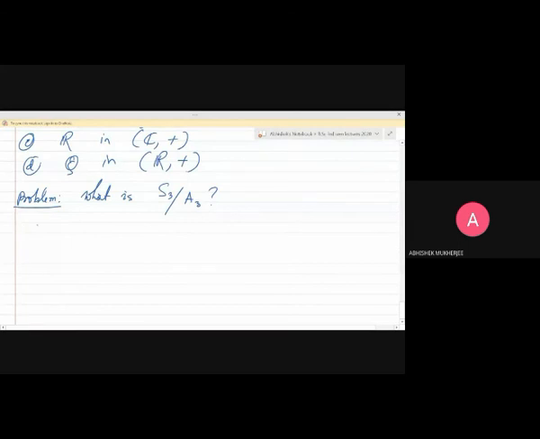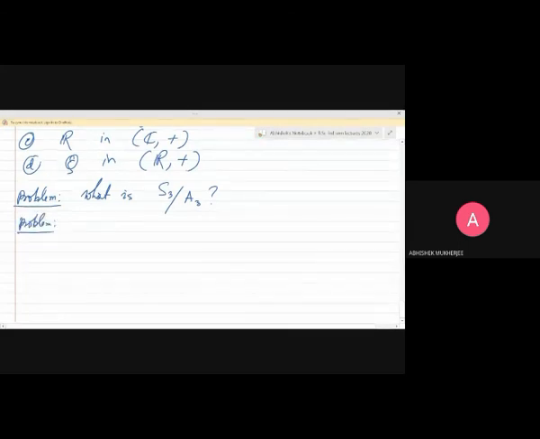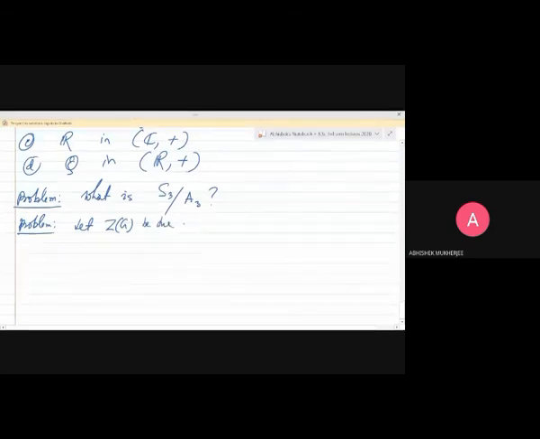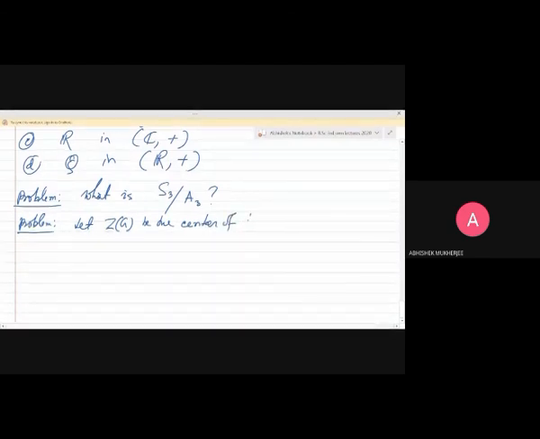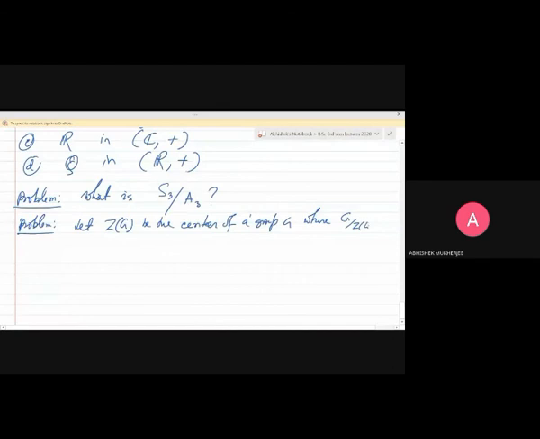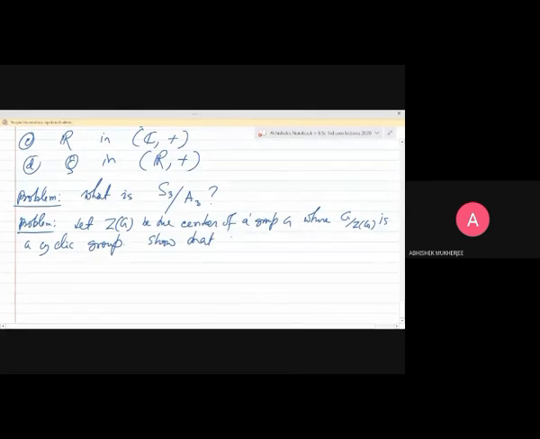Another problem is that, let Z(G) be the center of a group G where G by Z(G) is a cyclic group. Show that G is abelian.